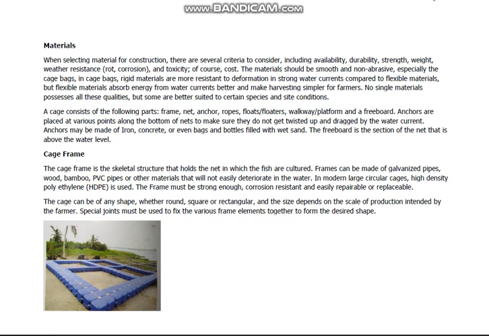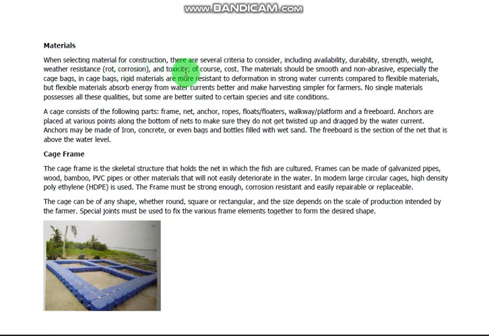Alright everyone, let's quickly talk about the materials to be used when constructing your cage design. When selecting material for construction, there are several criteria to consider, including the availability of the material, the durability of the material, the strength of the material, the weight of the material, and weather resistance, that is, can it rot easily, can it corrode easily.